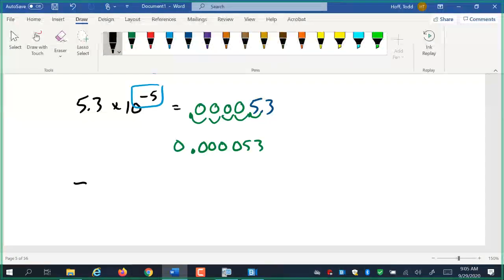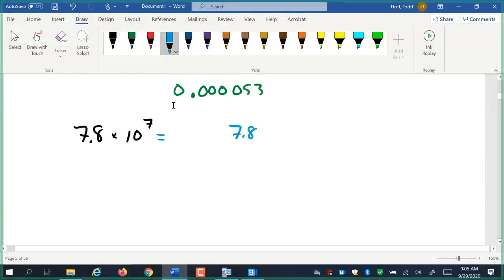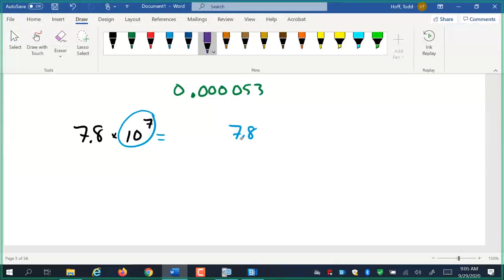Or we might have 7.8 times 10 to the 7th. Well, again, we'll start with that 7.8. And we know we have to move that decimal point to put it back in decimal or standard notation. This is a positive power of 10, so we know this was a large number. So we have to move that decimal point 7 places to make this larger.